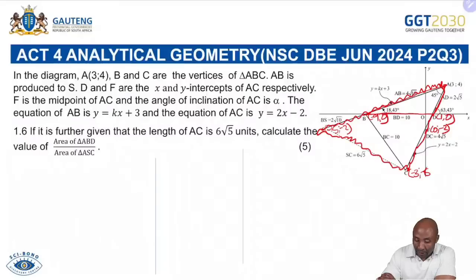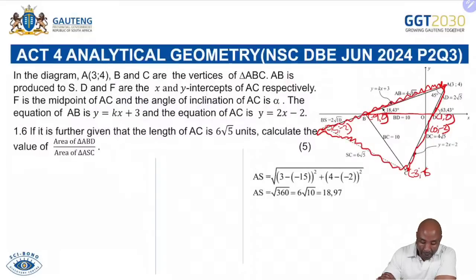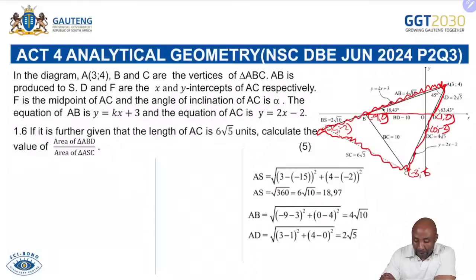So the area of triangle ABD will be given by, we use our distance formula to deduce the other lengths. Our AS, we are able to get it as 6 root 10. Our AC, we are able to deduce that it's 4 root 5.